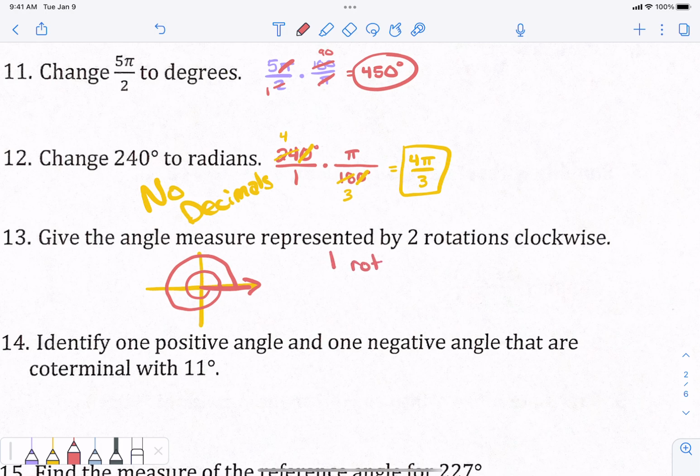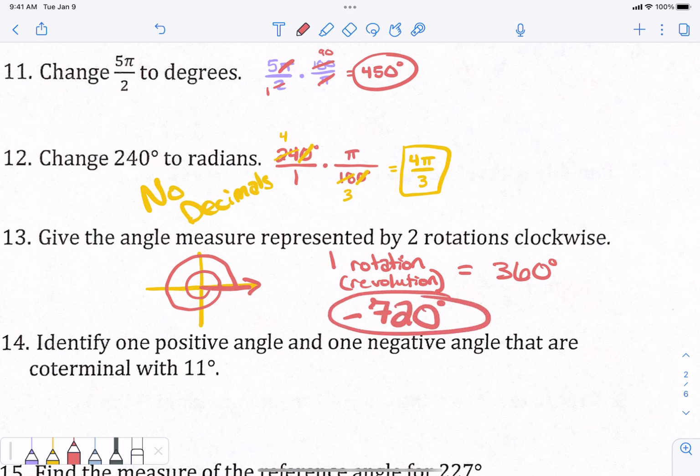They might also call this a revolution. 1 rotation or 1 revolution equals 360 degrees. But we are going clockwise, which means we're going down, which means we're going negative, and we're going 2 of those. So I'm just going to put negative 720 degrees.